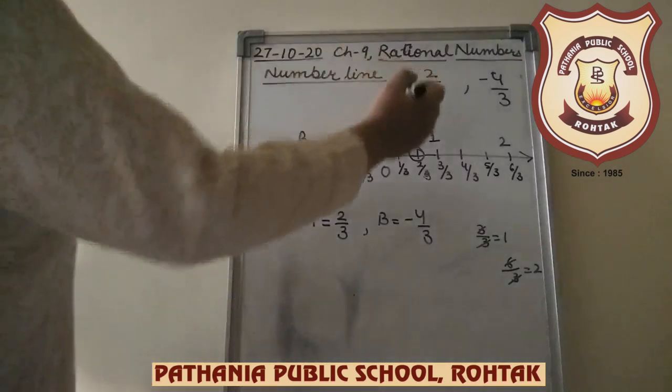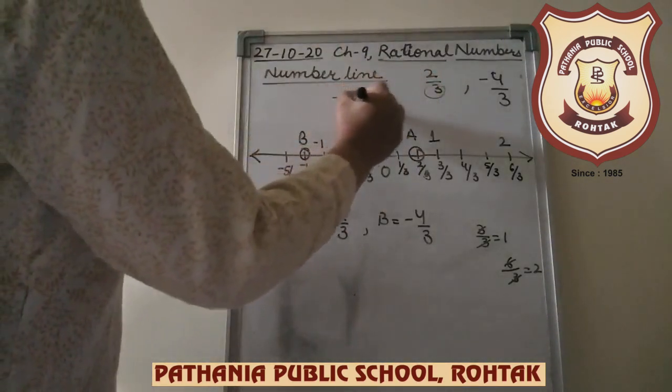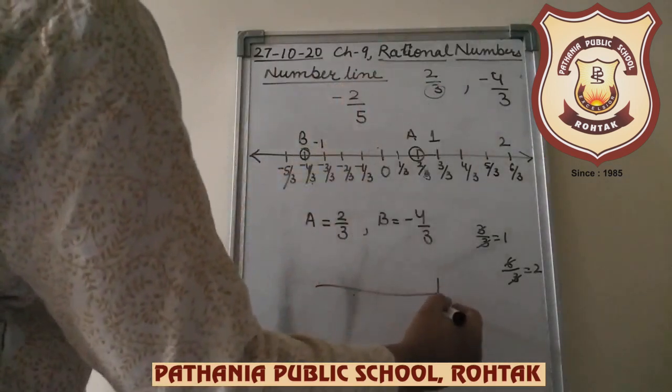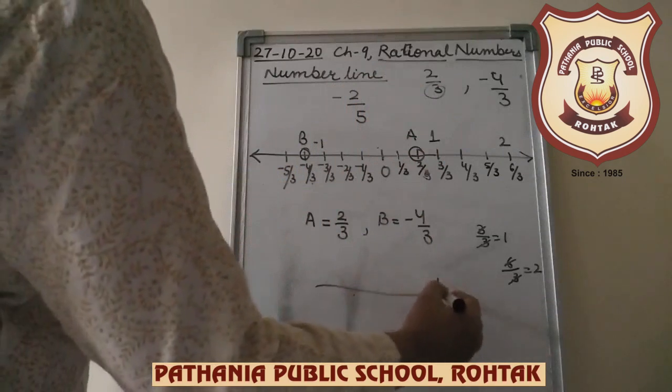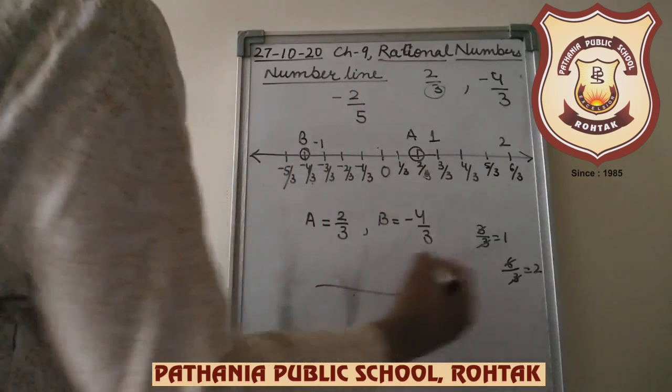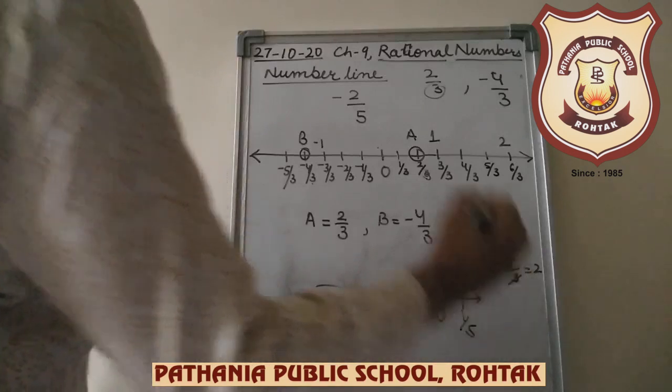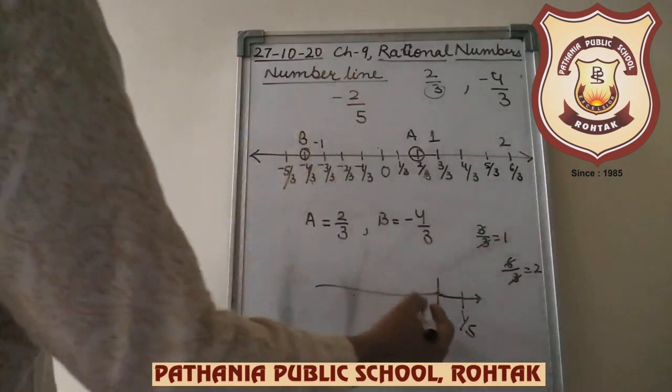Suppose you have to represent minus 2 upon 5. So I will draw another number line starting from 0. One value I will show 1 upon 5 towards the right hand side, because I need just only the negative.